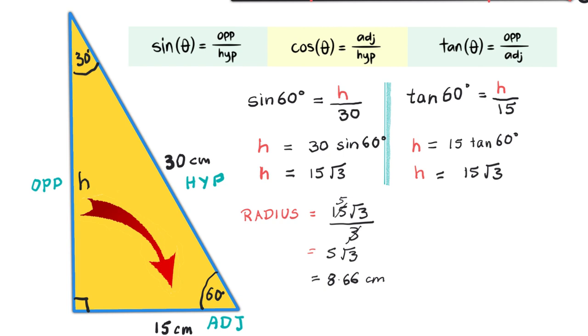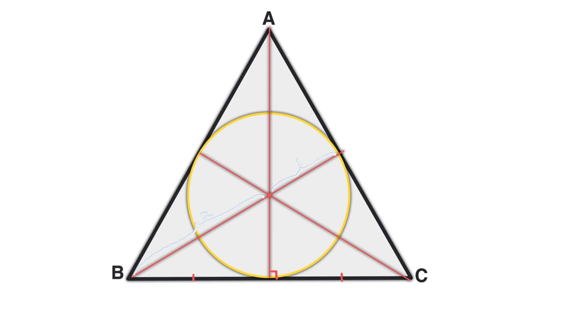So how will you calculate the radius, not knowing that the radius is a third of the height? Now I want to show you that we could have used trigonometry without needing to find out the length of the median.